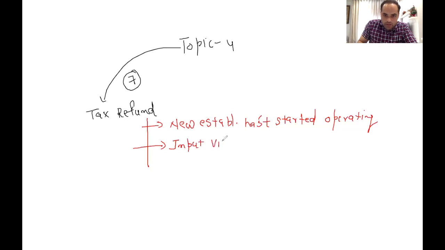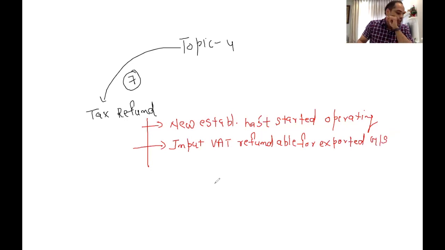Next one is input VAT refundable for exported goods and services which exceed 300 million Vietnam dong per month.